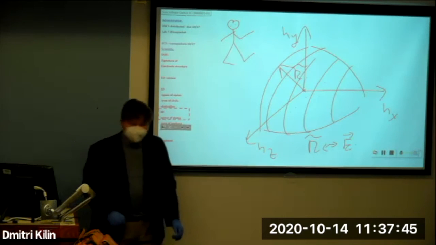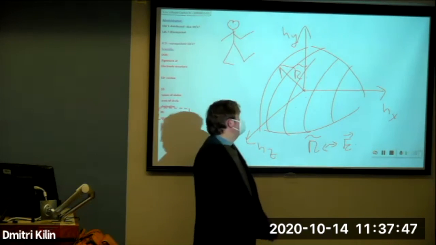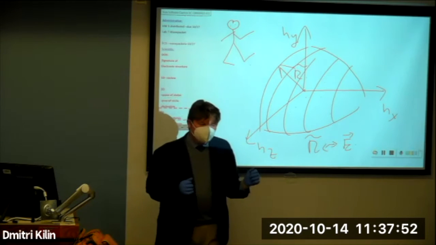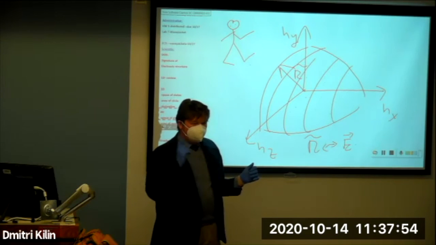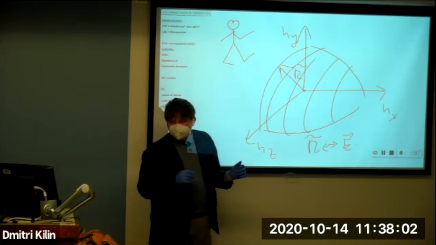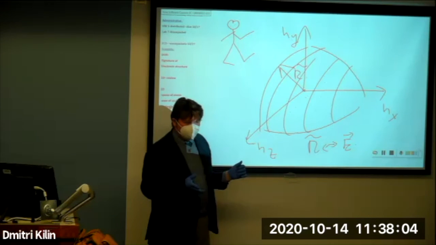So further off with the strawman walking. Our strawman was successfully walking in one-dimensional space, two-dimensional space. Now it's time for three-dimensional space. Right? So you can extrapolate your experience from the previous 15 minutes.